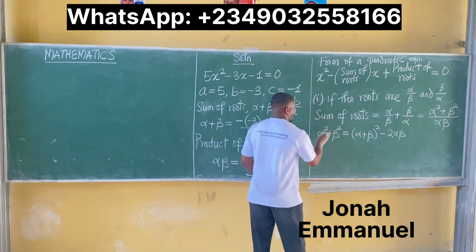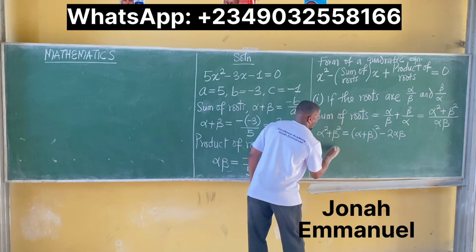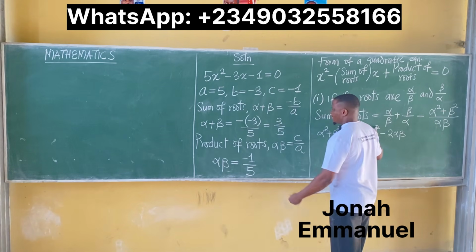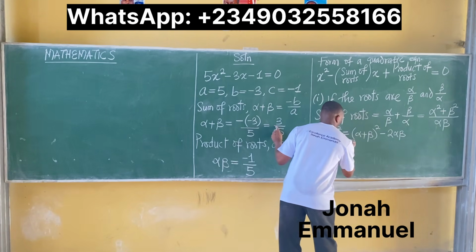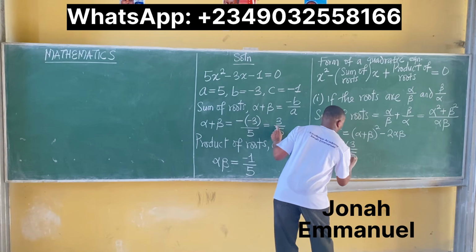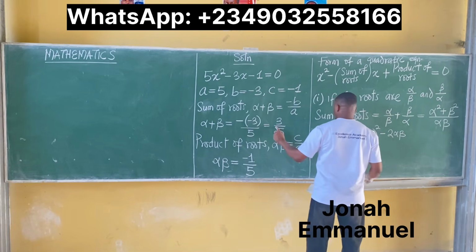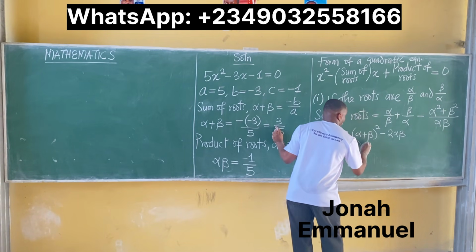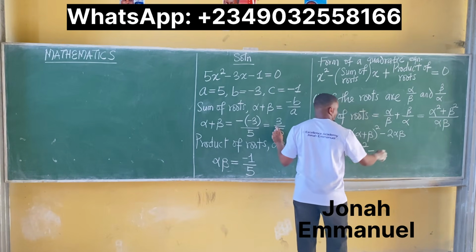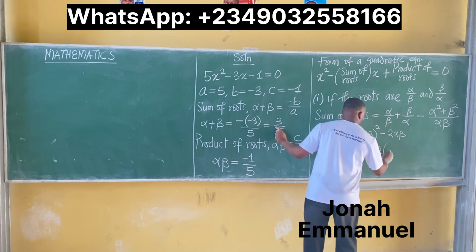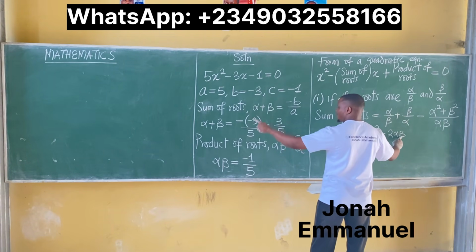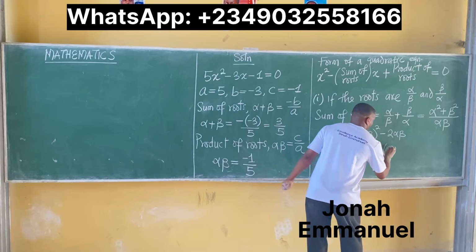We'll have that alpha squared plus beta squared is equal to alpha plus beta all squared. This value here is 3 over 5. As we've done here already, they said squared. So I have this as squared minus 2 into alpha beta. Alpha beta is minus 1 over 5.